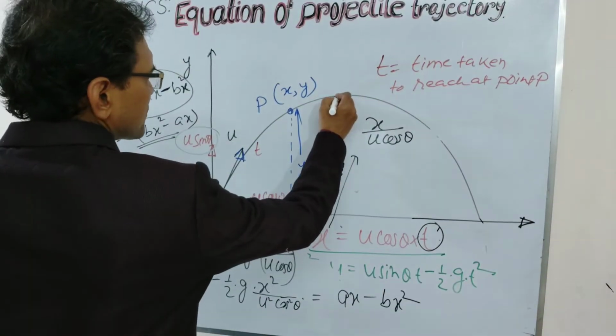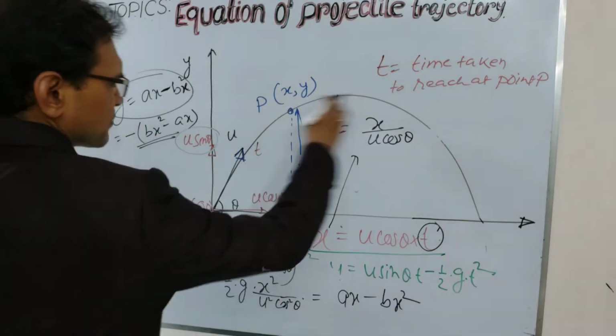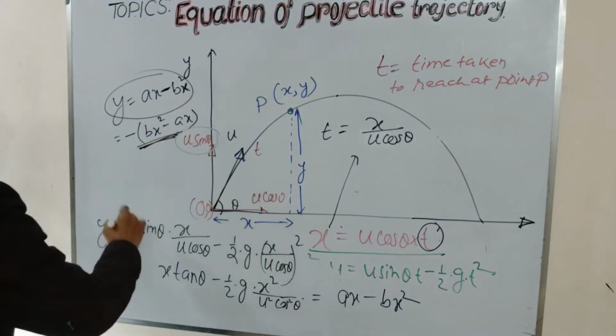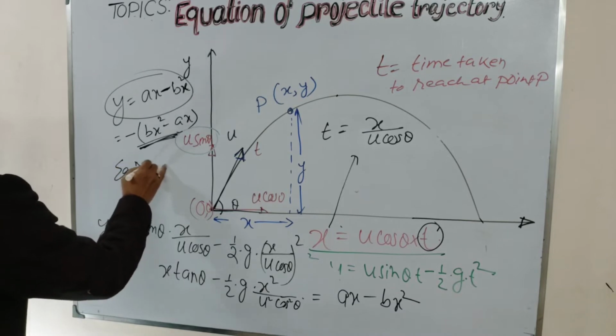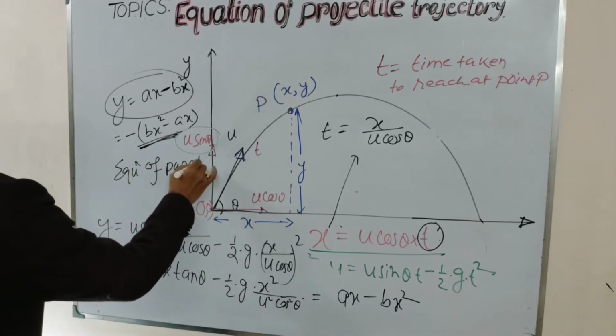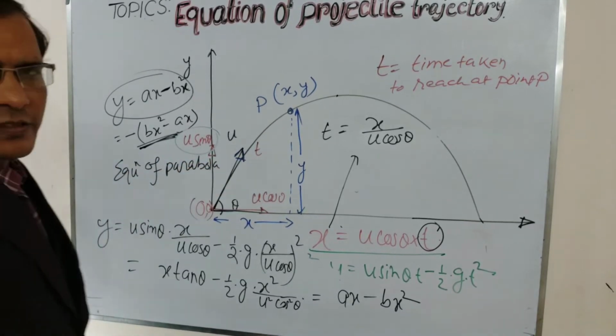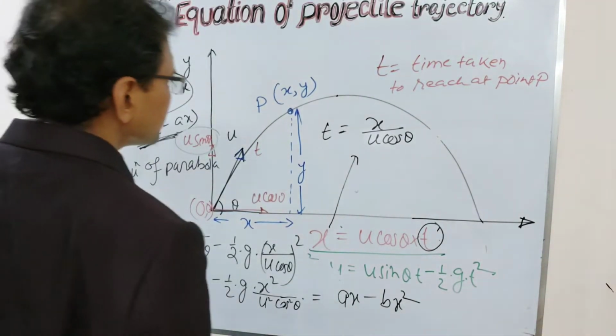So this is the vertex of the parabola and the opening is vertically downward. So the projectile path is always a parabolic equation.